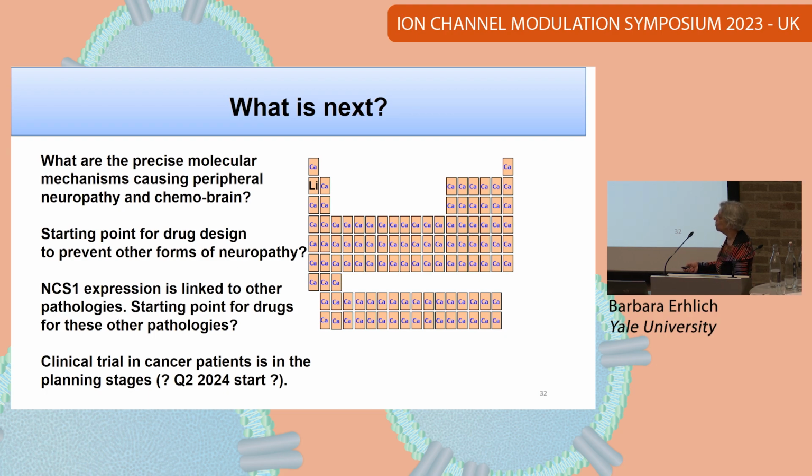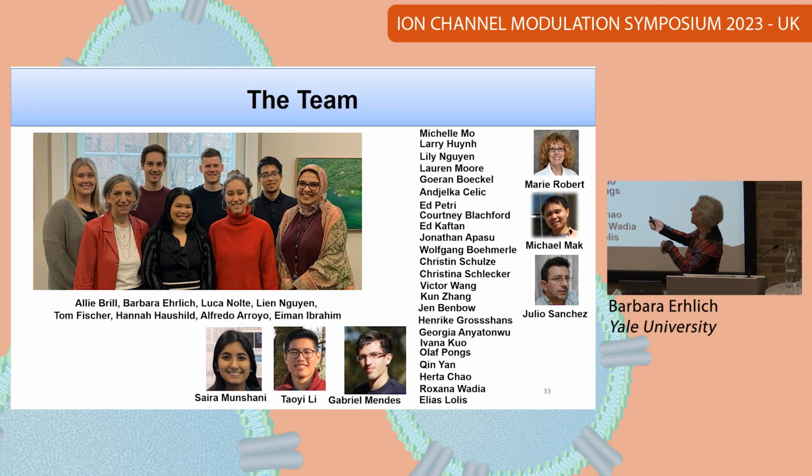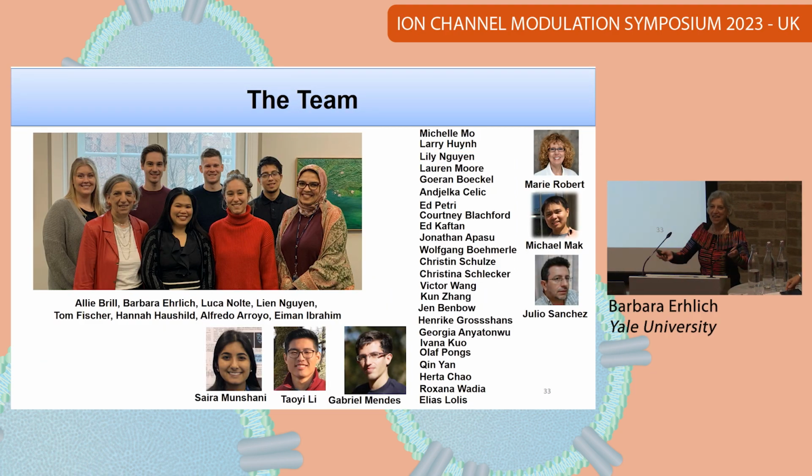We think NCS1 is linked to other pathologies. For those who were at the Yale meeting, Wolfram syndrome is also related to NCS1. And just so you know, there's a clinical trial in patients in the planning. Hopefully, if we raise the money, it'll be happening in mid-24. And of course, I have my wonderful collaborators. I'll stop.